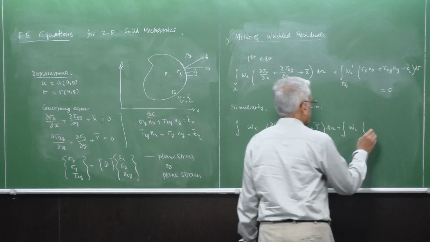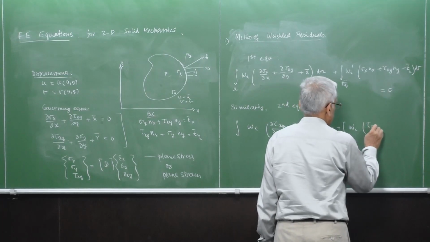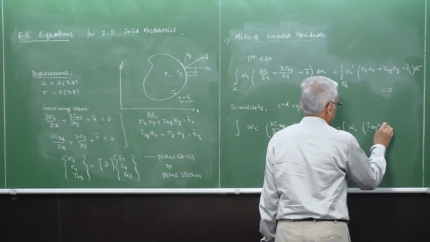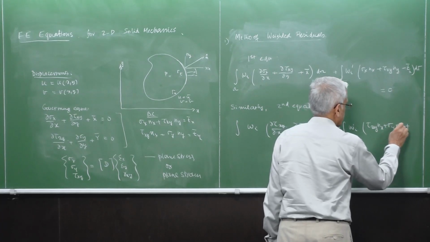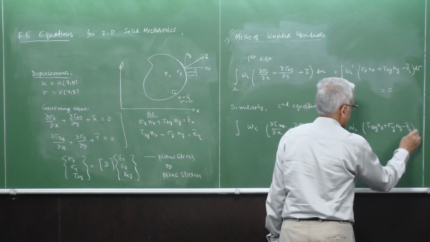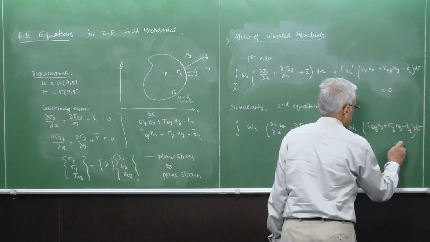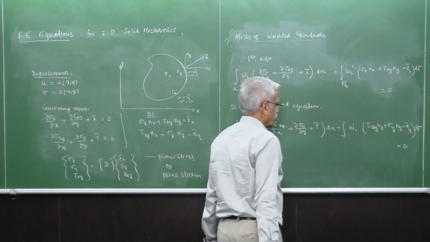The traction boundary condition here is tau xy nx plus sigma y ny minus t bar y on gamma t is 0, right?